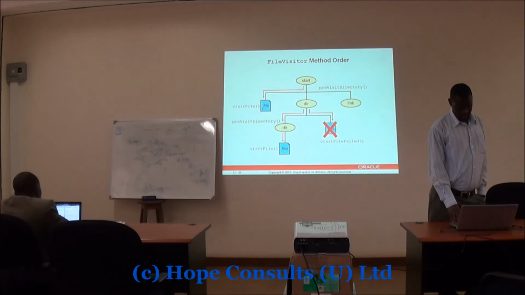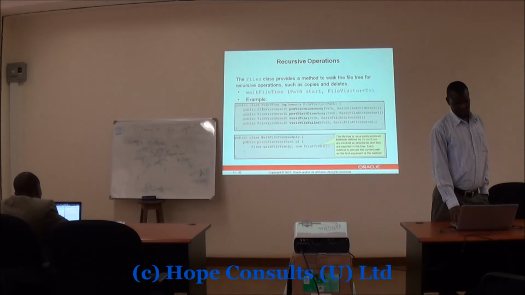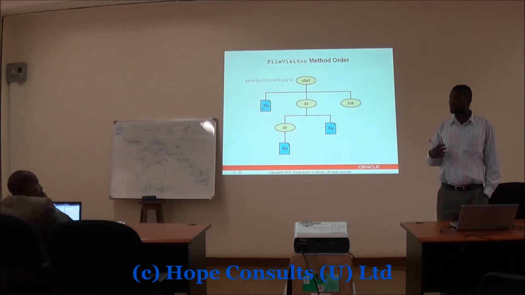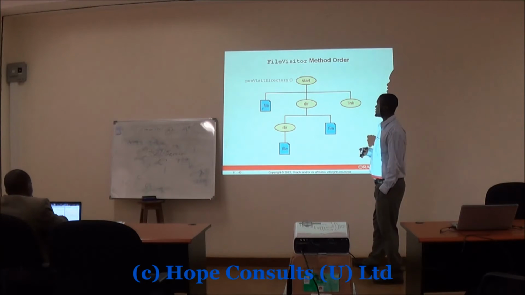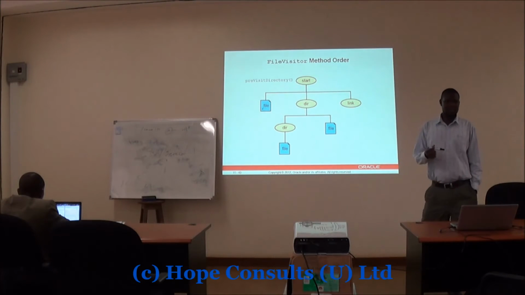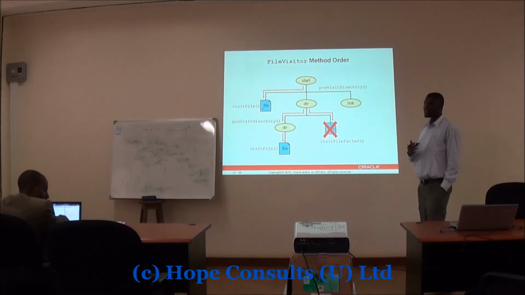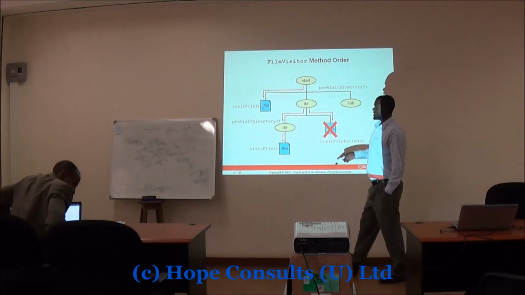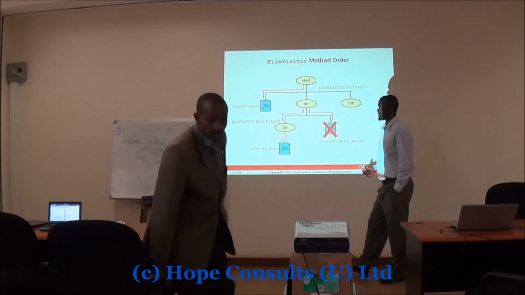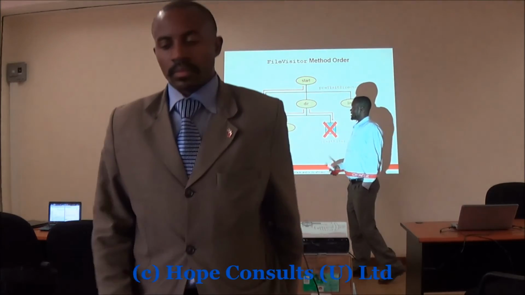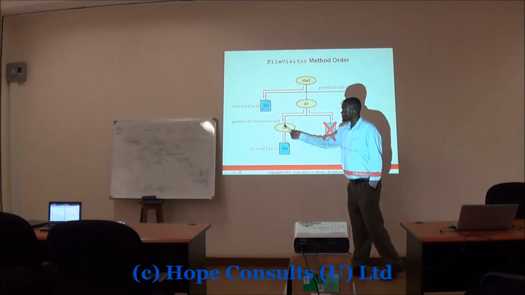Then there is this concept called file visitor. We visit directories as we recursively visit them so that they can display their content. There are actions, events, that are triggered, like this pre-visit directory. After the directory has been visited, another event is triggered.